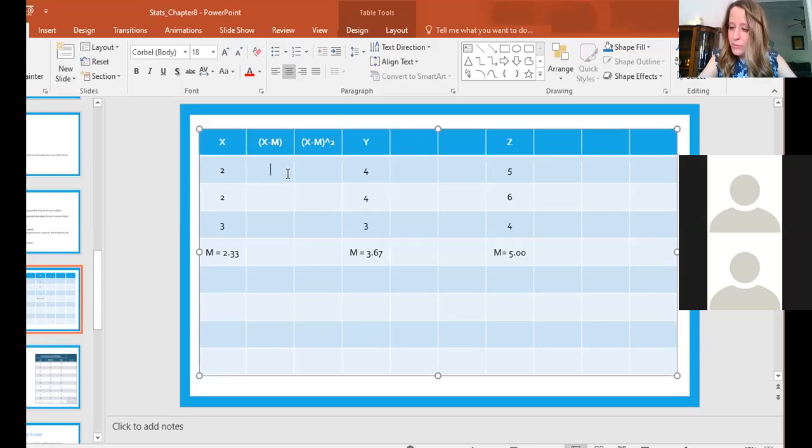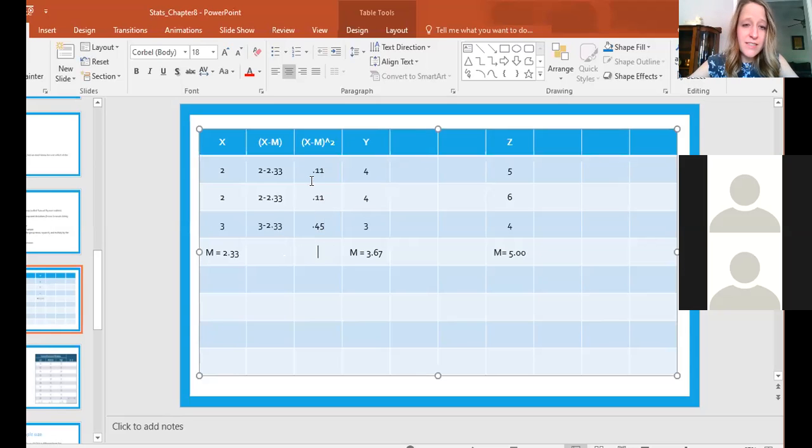So here it would be 2 minus 2.33, 2 minus 2.33, 3 minus 2.33, right? And so I would calculate each of those out and then square them. Once I did that, I get 0.11 for each of these and 0.45 here.